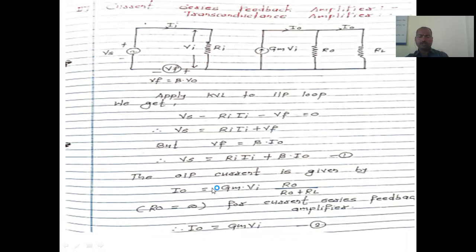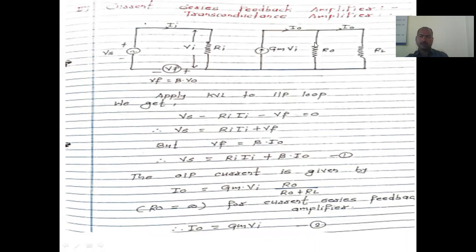The output current is given by, right? This will be related to the input. Now when we look at the output, this is the output loop, right? In this case, there are two resistors, so we don't apply KVL here. We have to apply the voltage divider rule. When we apply the voltage divider rule, it is R0 divided by R0 plus RL into the applied voltage.